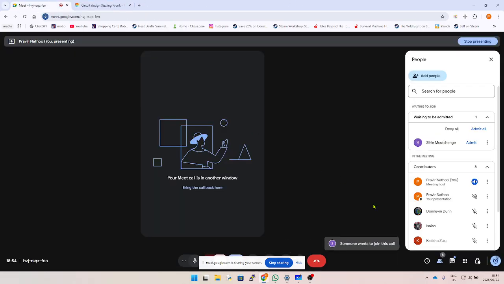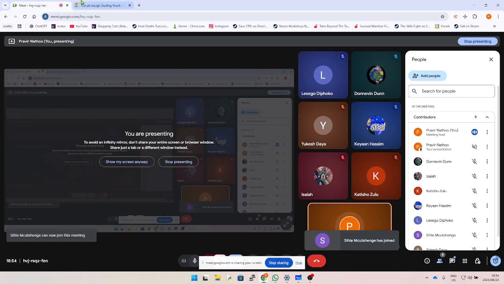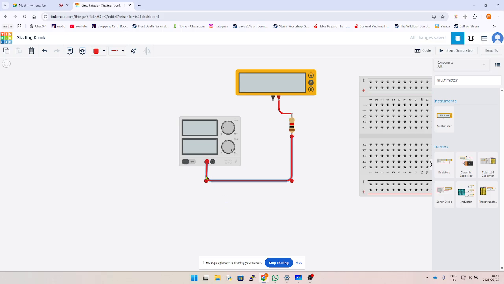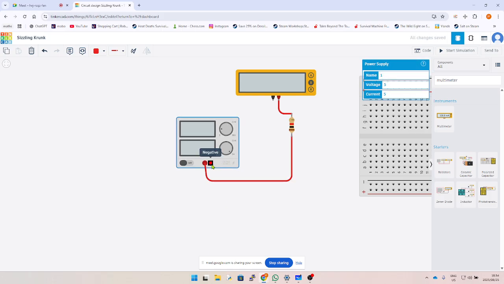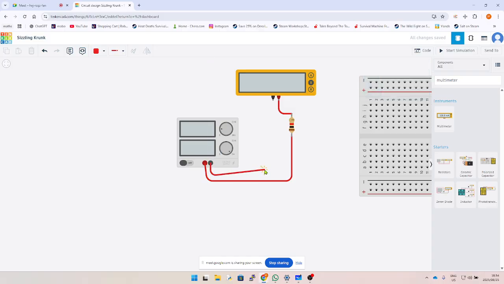Meaning it allows you to connect it in either direction and it doesn't change the circuit in any meaningful way. That's just a side note. You don't have to know that.